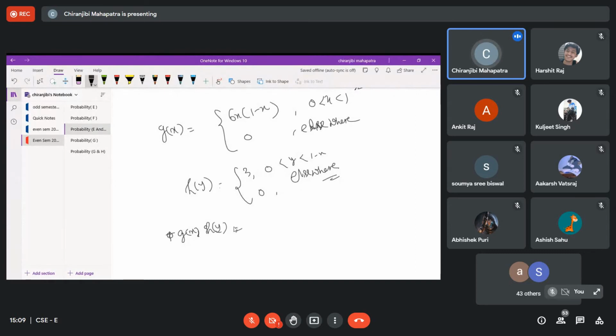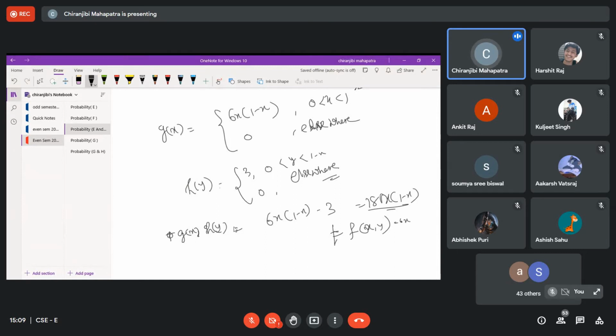So this will be equal to 6x into (1 minus x) into 3, which will be 18x into (1 minus x). Okay, so 18x into (1 minus x), which is not equal to f(x, y), which is 6x.